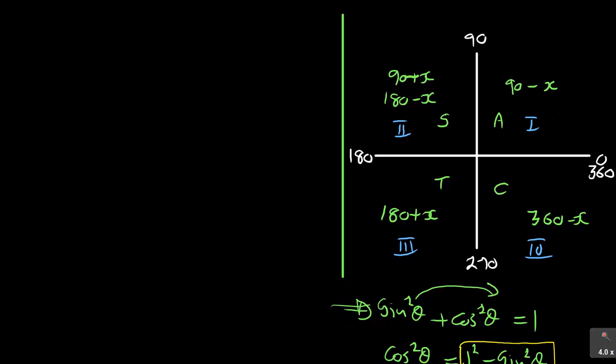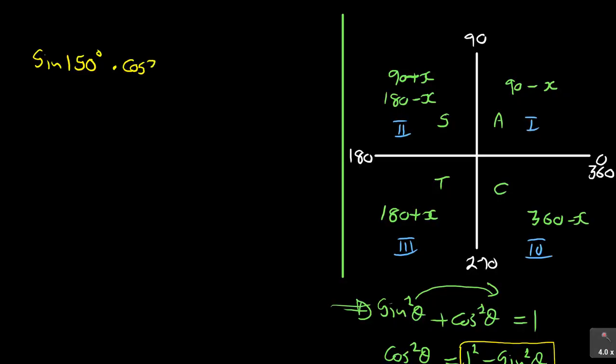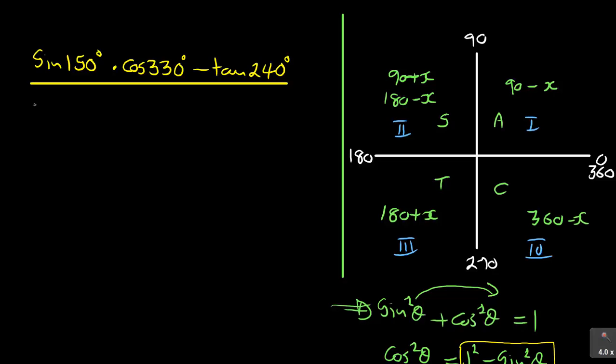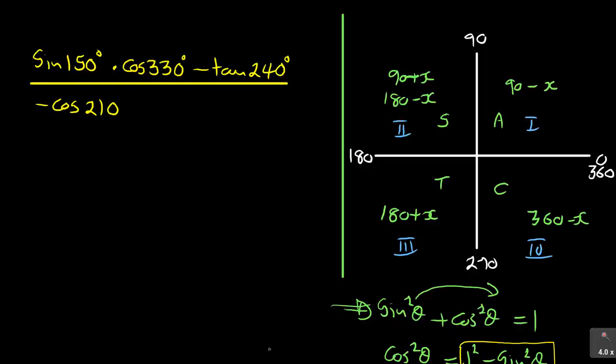So what I have here is sine 150 degrees times cos 330, and then minus tan 240, all over minus cos 210, and then minus tan 120.